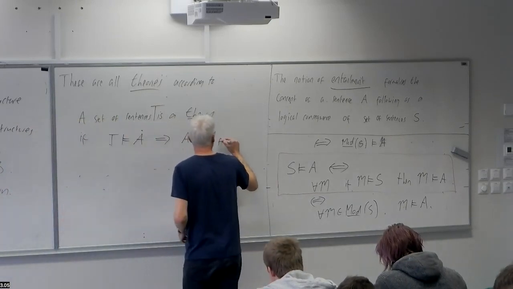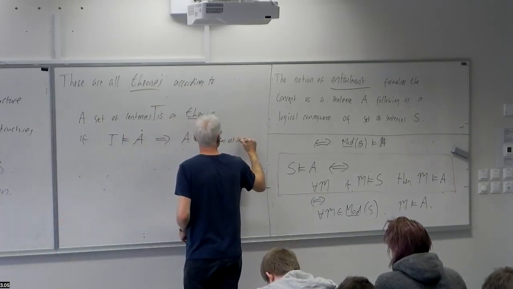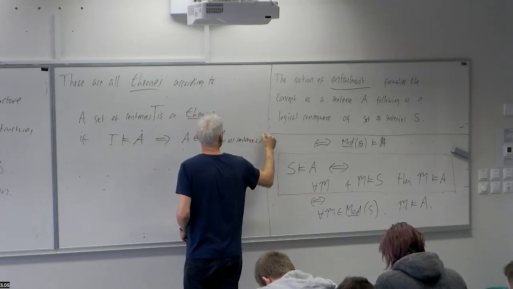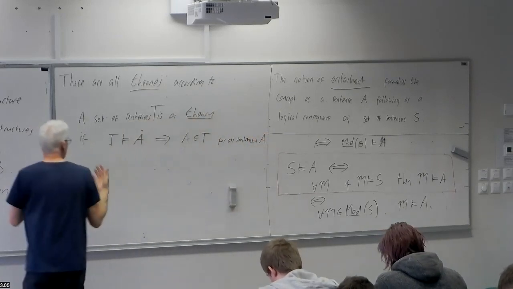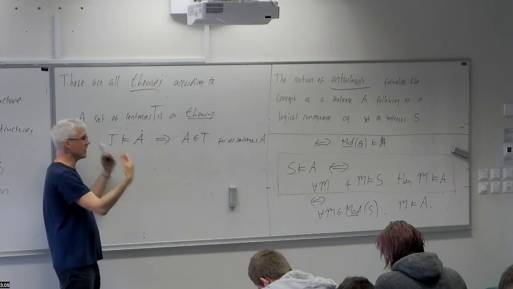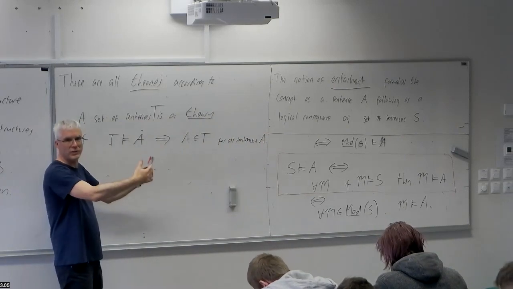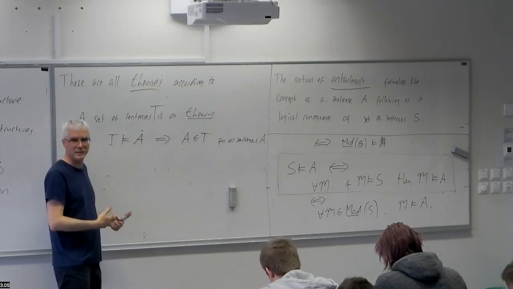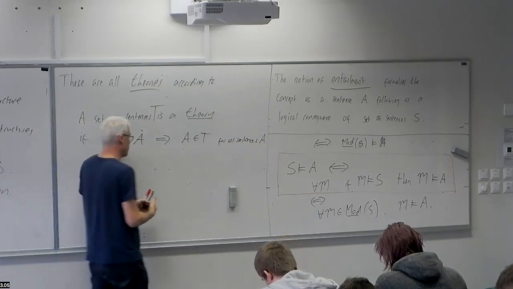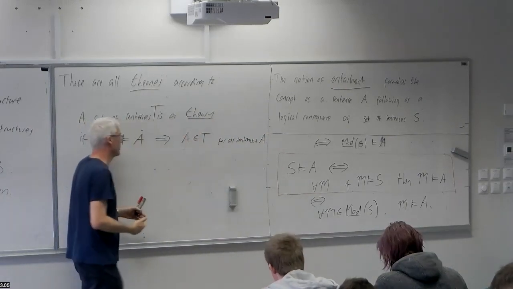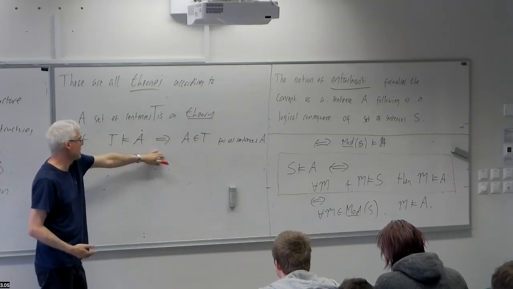This is for all sentences A. So the point of a theory is we collect together all the logical consequences of something. And because it's closed under logical consequence, it enjoys this property.